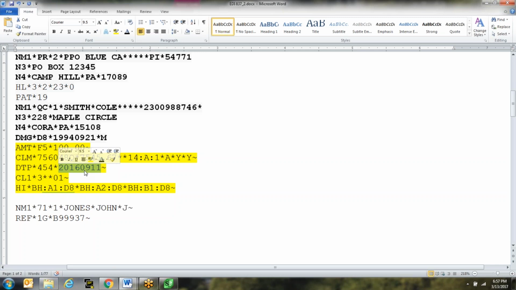Okay. When you look at the member screen, this Cole Smith screen, it will tell you when this member started his medical plan and when it ended. If it's still active, it won't have a date. If it's not active, it will have an end date.